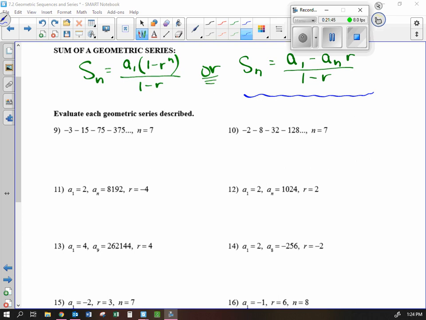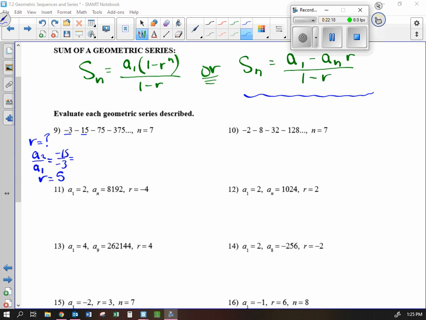What is included in those formulas that we don't have given to us in number 9? Well, we don't have r. From the front side, what did we do to find r? We took one term and divided it by the previous term. So let's do -15 divided by -3. That's going to get us an r value of 5.